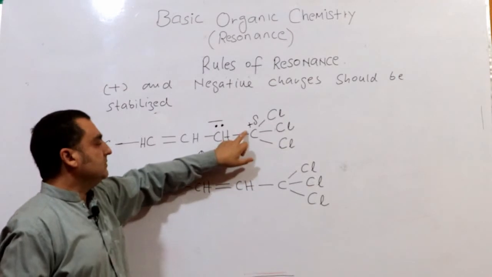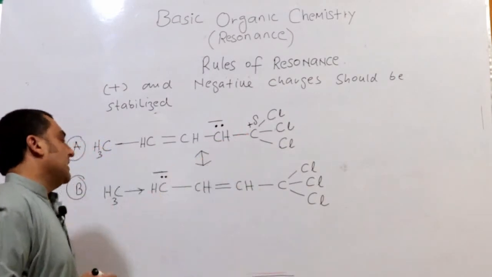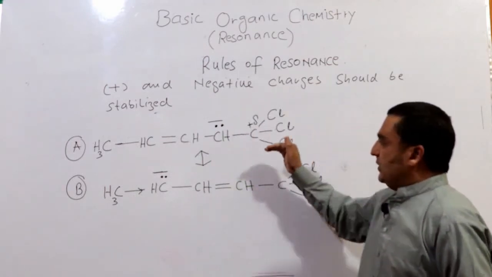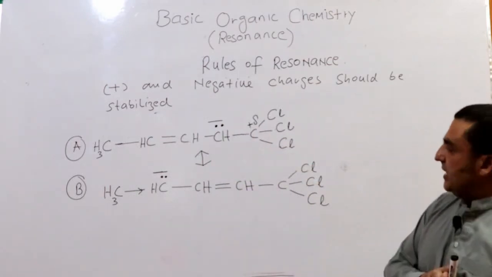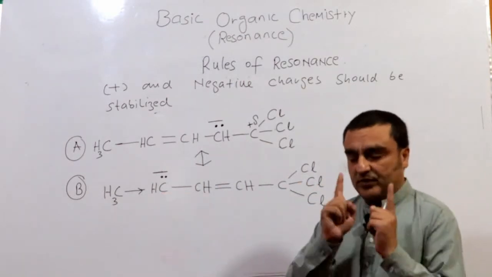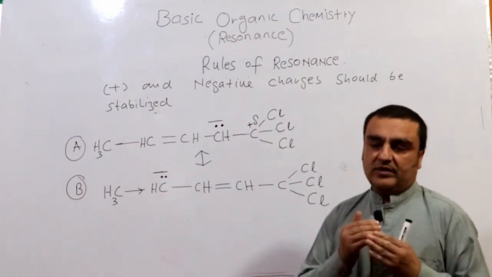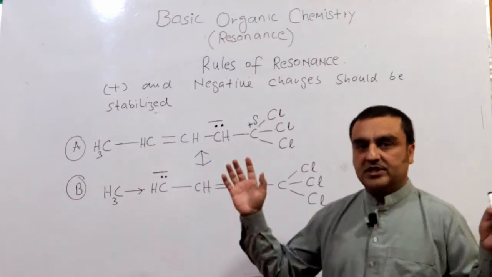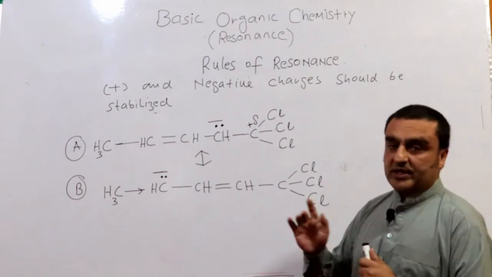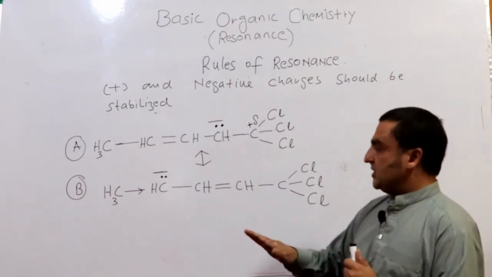Now look at those structures. Here the charges are different. I placed other charges because the general definition says to stabilize the negative charge and stabilize the positive charge. Here we don't have any positive charge, we just have a negative charge.